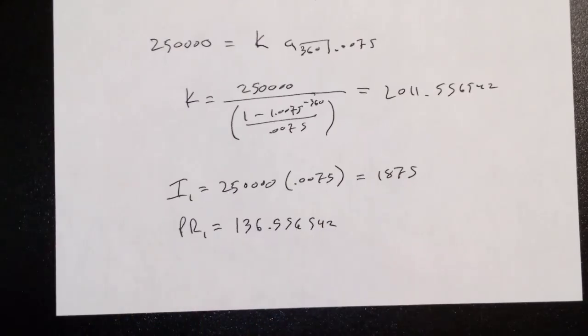In other words, I paid $2,000 to the bank and they gave me credit towards principal for less than $137. They took their interest first.